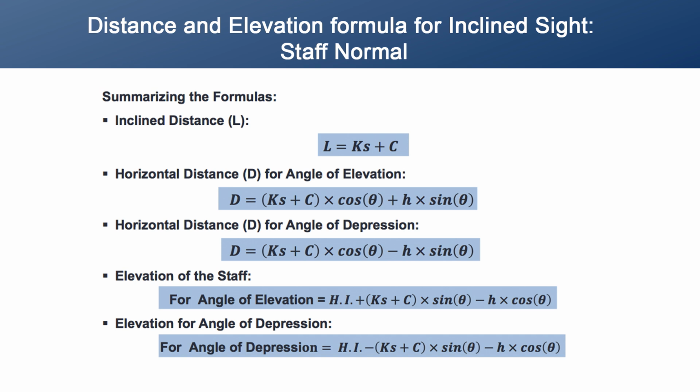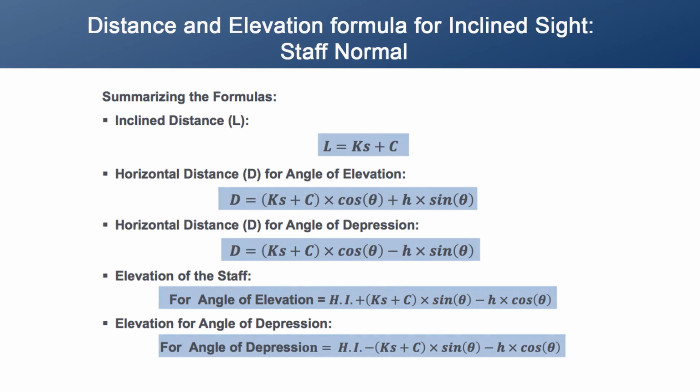The elevation of the staff for angle of elevation is equal to HI plus (Ks plus C) into sin theta minus h cos theta. Elevation for angle of depression is given as HI minus (Ks plus C) into sin theta minus h cos theta.